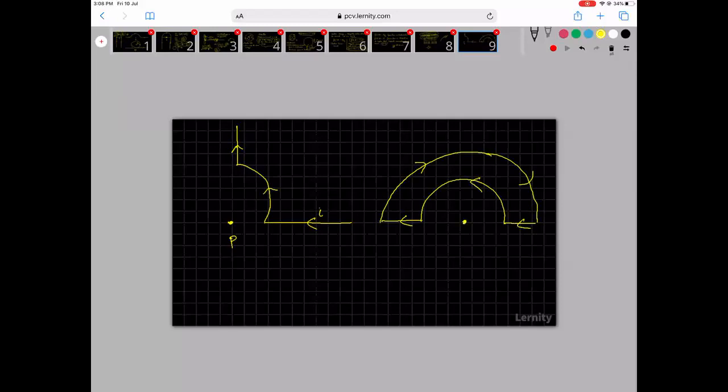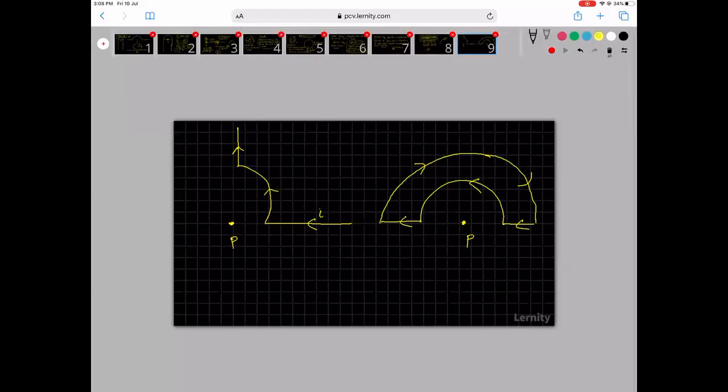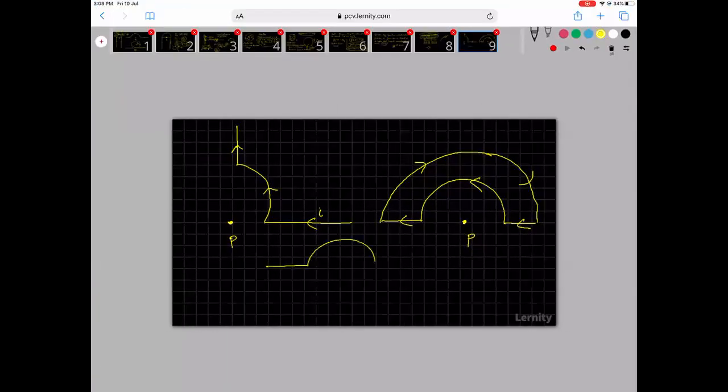What is the magnetic field at this point P? What is the magnetic field here at this point?